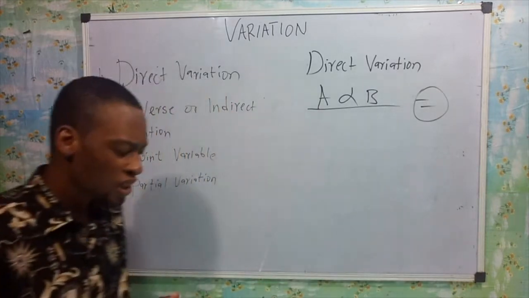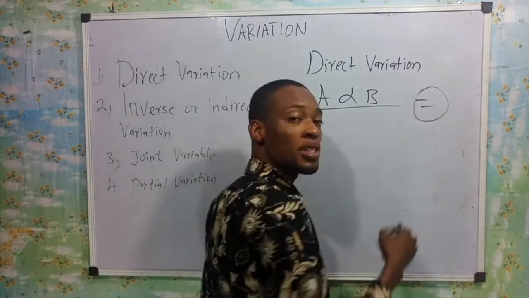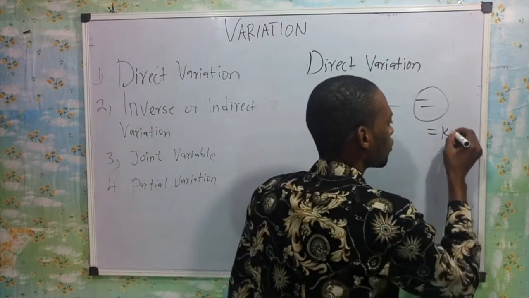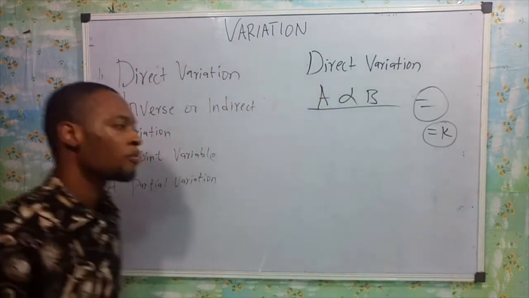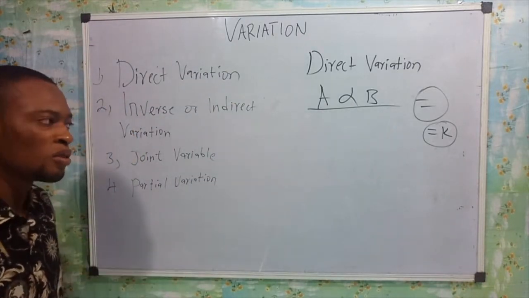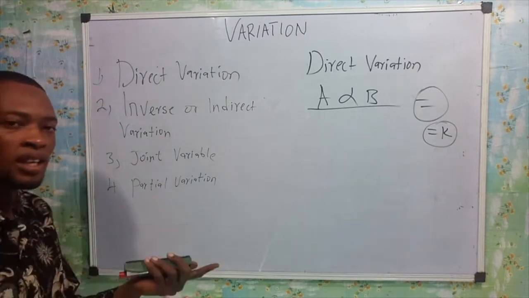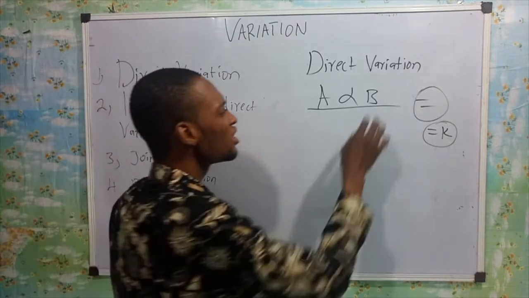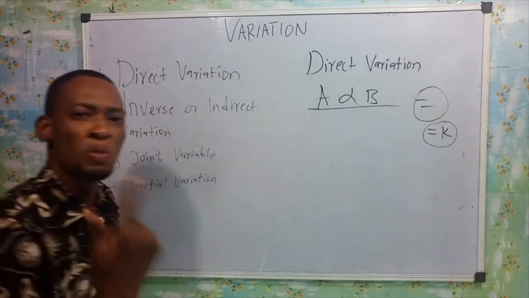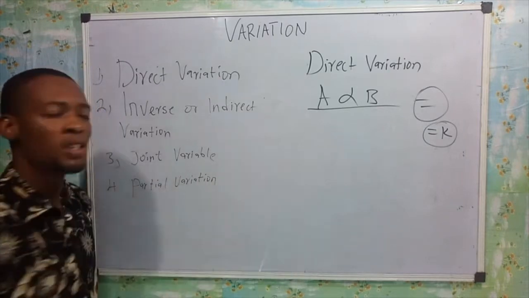To change a proportionality sign to equal to, you introduce a constant. This is how you change proportionality sign to equality sign. Do you know why? When I say something is proportional to the other or A varies as the other, it means one of the quantities must be multiplied by a constant value to get the other quantity.